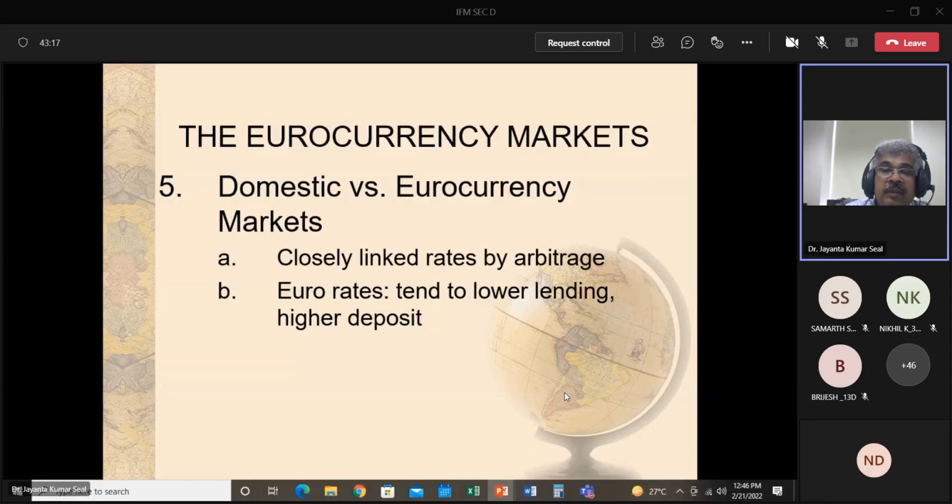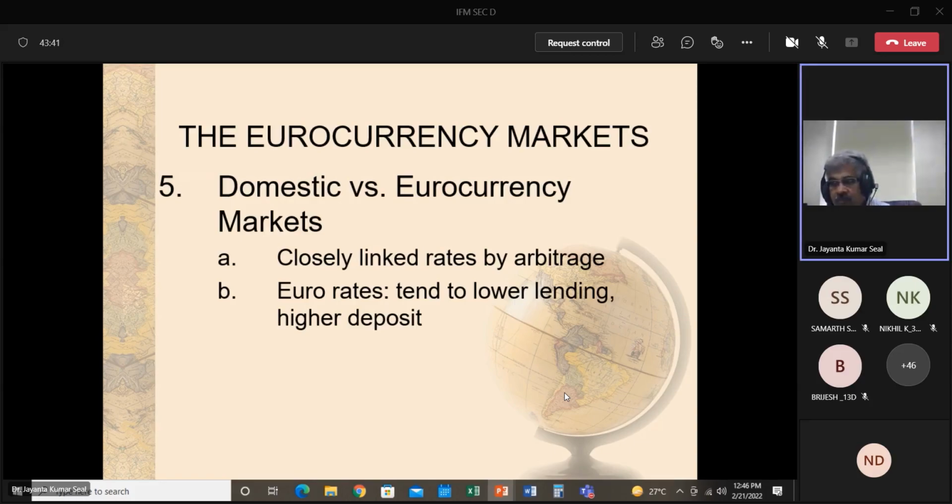Domestic versus euro currency market are closely linked. You can also leave this. You can also talk about the domestic market versus the international market. Naturally, one thing you can understand, we have done covered interest arbitrage, and we have seen that we can also arrive at a forward rate.